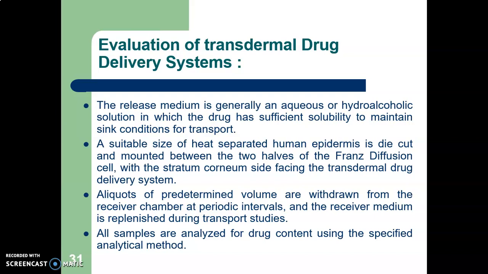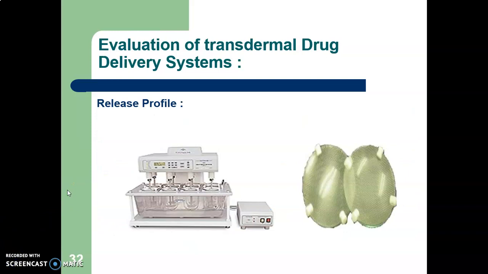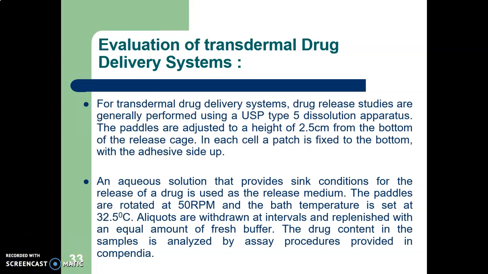All the samples collected at particular time intervals are analyzed for drug content using specified analytical methods like UV or HPLC methods. Drug release profile is checked using different USP type apparatus. Mainly USP apparatus 5, 6 and 7 are used. For transdermal drug delivery systems, drug release studies are generally performed using USP type 5 dissolution apparatus.